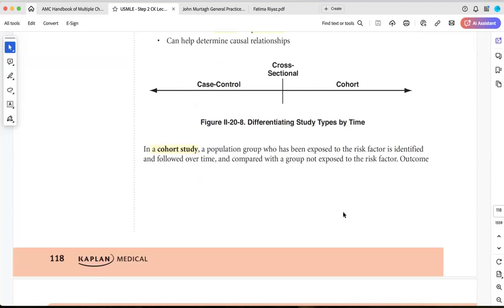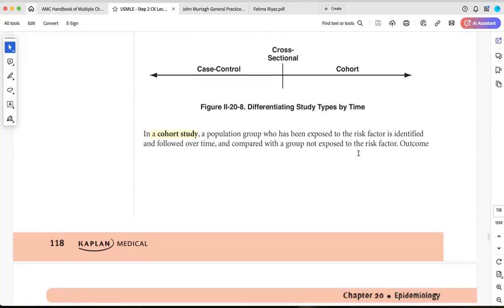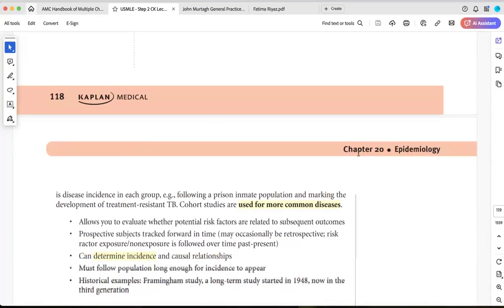So after 10 years, we find out whether smoking has any relationship with lung cancer. What we have done is go forward into the future and try to find the causal relationship, but this time we want to know whether the risk factor, smoking, caused the disease in the future. Okay? That is what we call a cohort study.